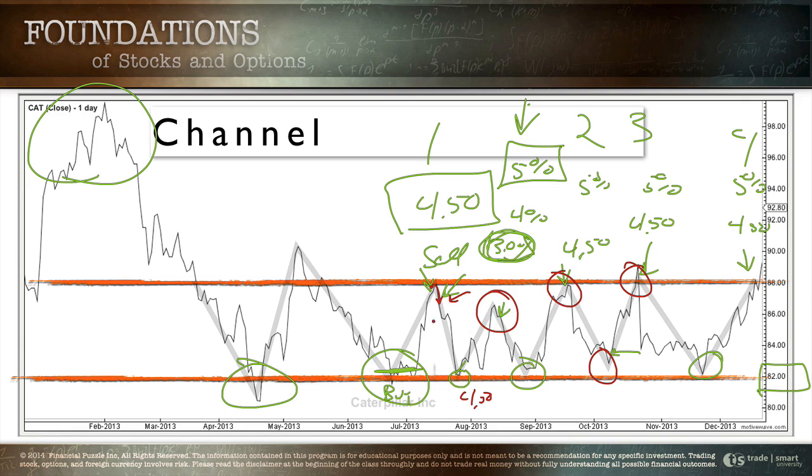So you had an extra 1, 2, probably not the second one. I'm going to say you probably didn't short the second one. You probably shorted the third one. We'll call that a 2. 3. We had another 3 opportunities to make another $4 to $5 a share.